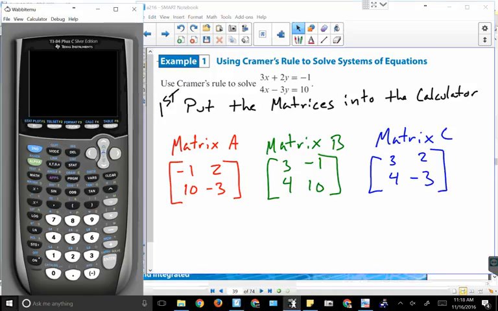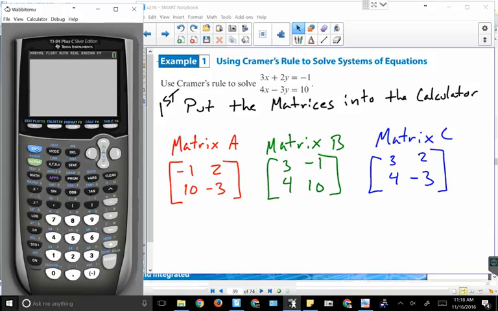Done. On, and as usual, reset the calculator. Second, plus, 7, 1, 2. Second, plus, 7, 2.